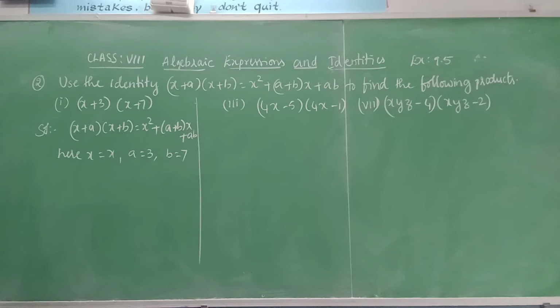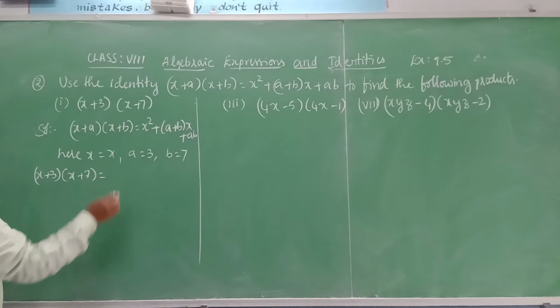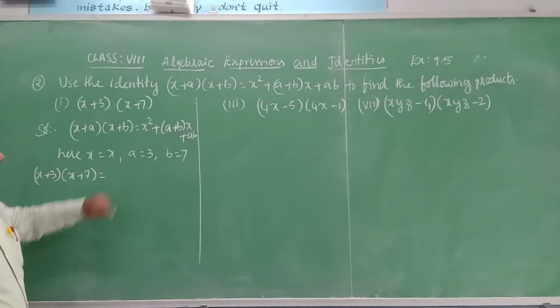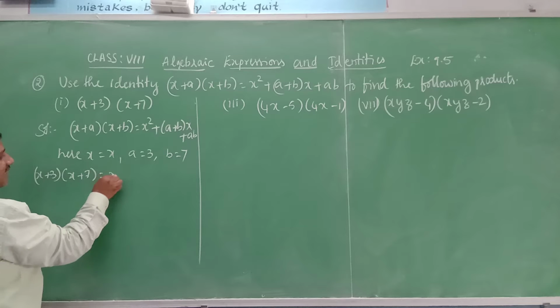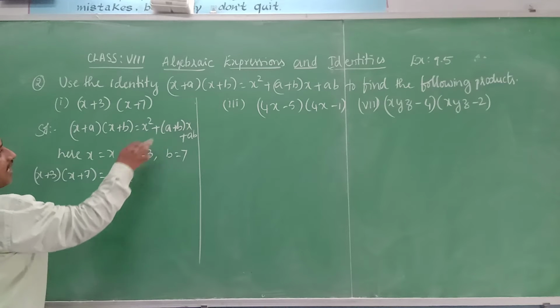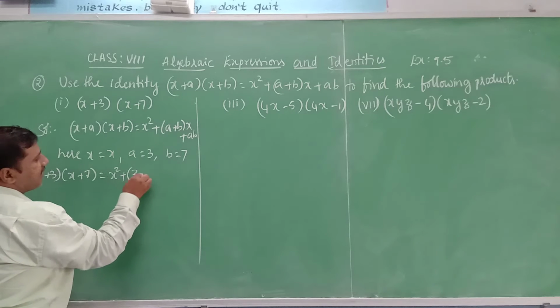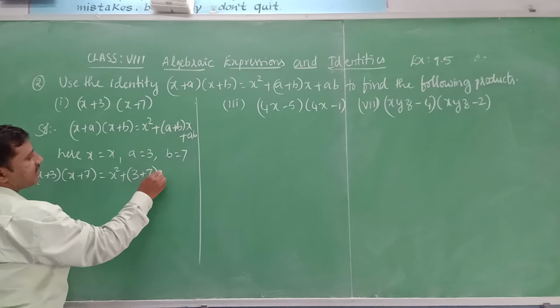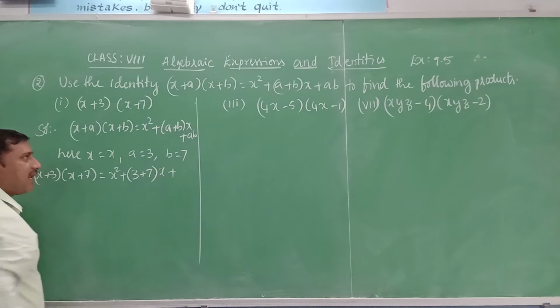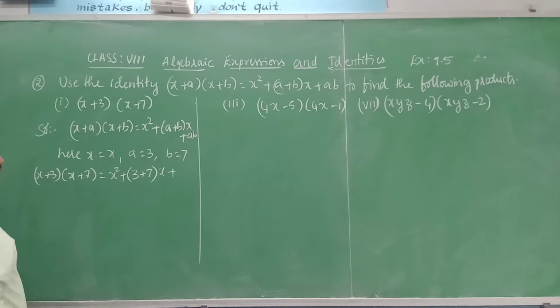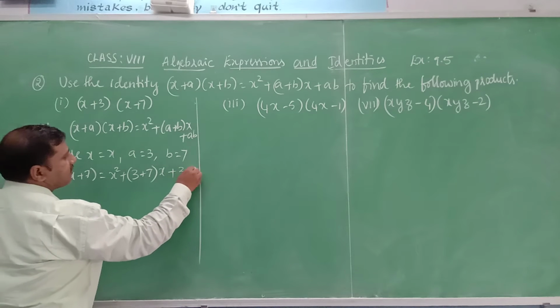Now substitute in that identity and we get the result: x plus 3 into x plus 7 is equals to x square plus a plus b, where a is 3 and b is 7, 3 plus 7 into x plus ab, means a into b, 3 into 7.